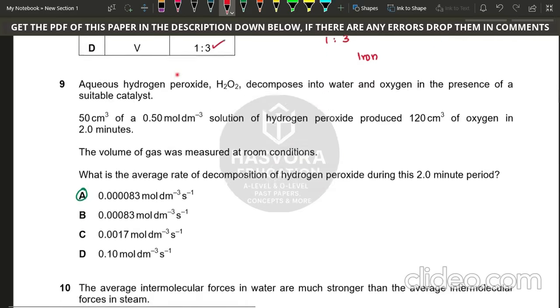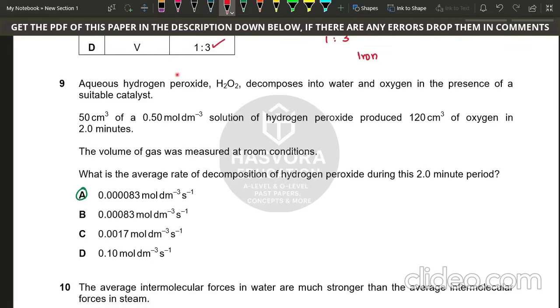Now question number 9 says aqueous hydrogen peroxide H2O2 decomposes into water and oxygen in the presence of a suitable catalyst. You should know that the suitable catalyst is actually manganese oxide. Now they have given you that 50 cm³ of 0.5 mol per dm³ solution of hydrogen peroxide produced 120 cm³ of oxygen in 2 minutes.